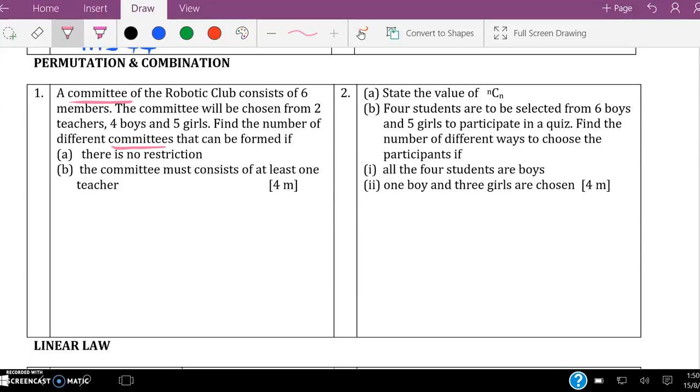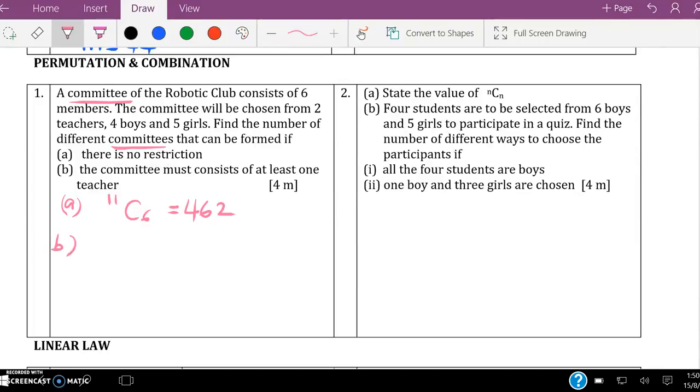Where there is no restriction, regardless of how many teachers or boys and girls, we have a very simple solution. We have 2 plus 4 plus 5 is 11, C6. That's all. Because there is no restriction on how many boys, girls, or teachers, just put all together and they have an equal chance of being chosen. So 11C6.